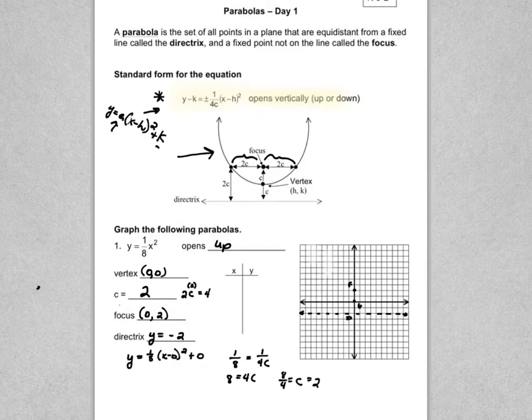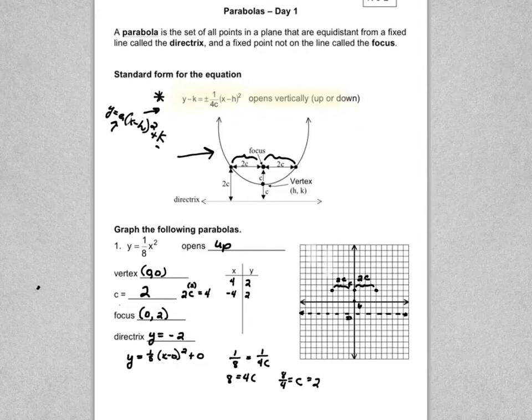So we'll go 4 places from the focus: start at the focus and mark 4 spaces to the right, and this is 2c, and we'll go 4 spaces left of the focus, and that's another 2c. Then we can write those points here on our x and y. One of those points is at (4, 2), and one of them is at (-4, 2).